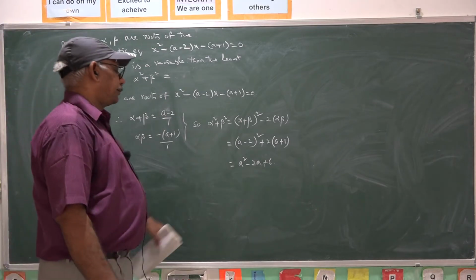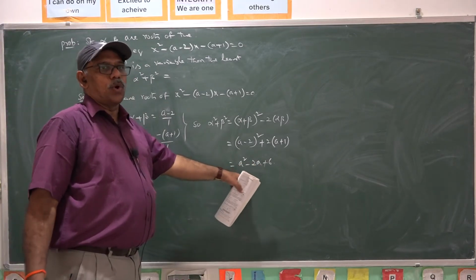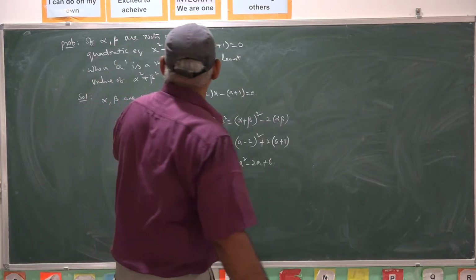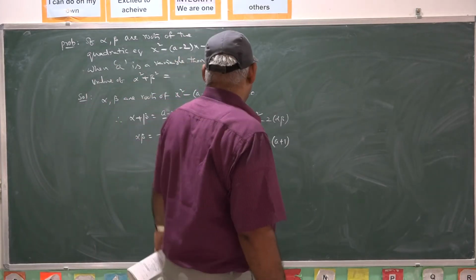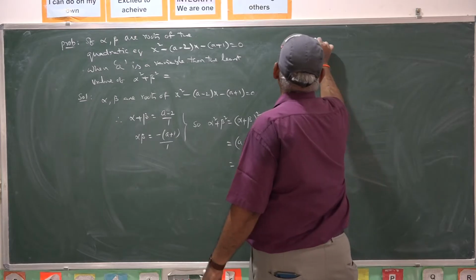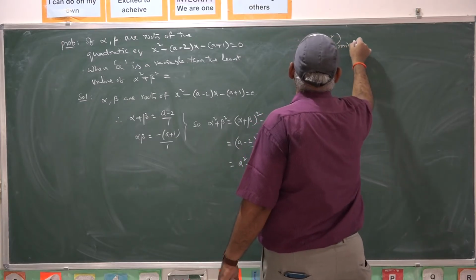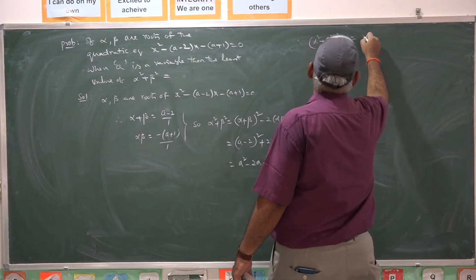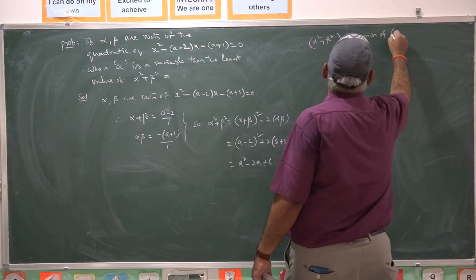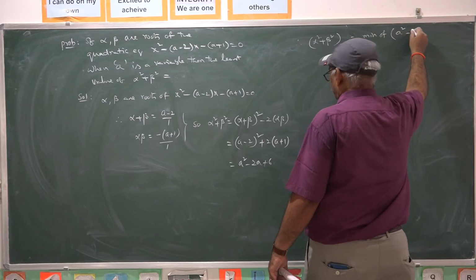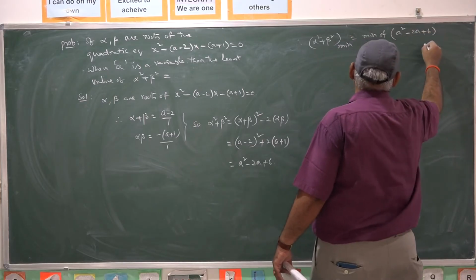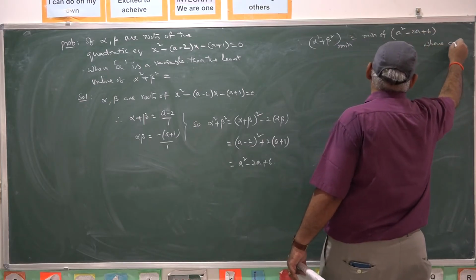A is variable here. Once a variable, it is a quadratic, the minimum value or the least value. So, alpha square plus beta square minimum is the minimum of the quadratic a square minus 2a plus 6, where a is variable.